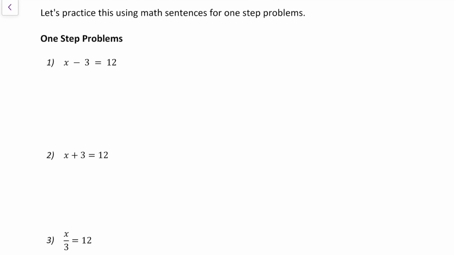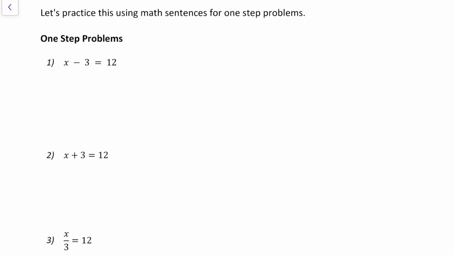In our first question here, we have x take away 3 equals 12. Again, what I'm trying to think in my mind is something, a question mark, something minus 3 is the same as 12. What number would have to go where the x is in order for this sentence to make sense?